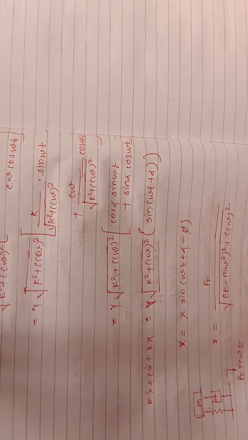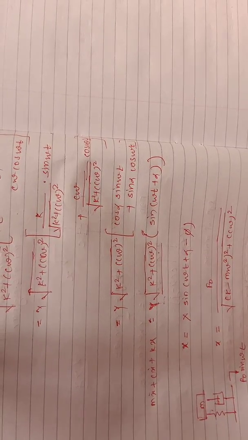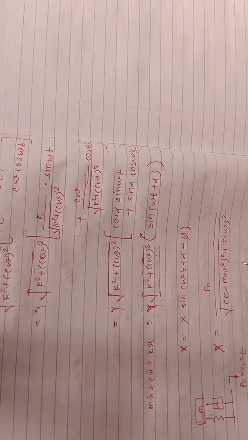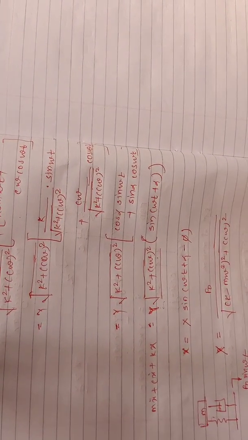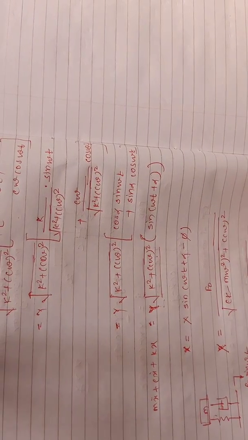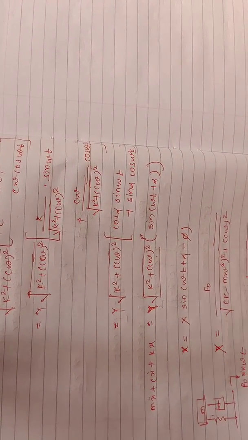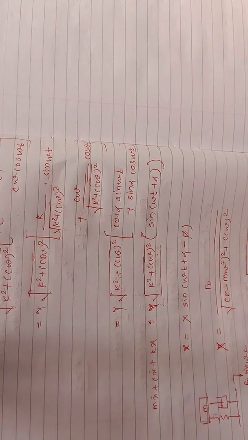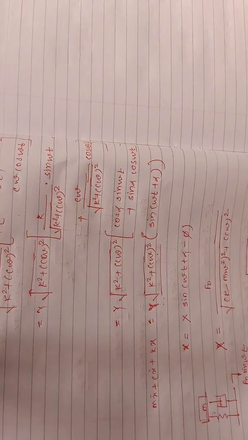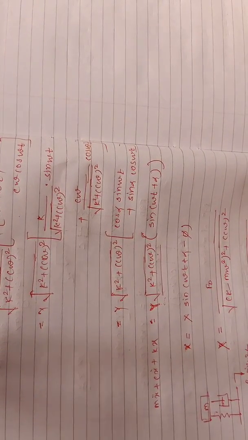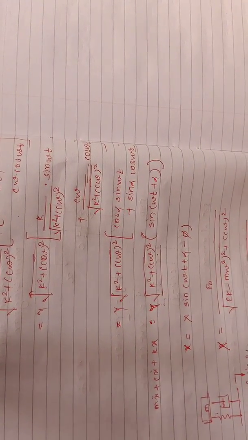So we will write X will be Y square root of k square plus (c omega) bracket square divided by square root of (k minus m omega square) bracket square plus (c omega) bracket square.